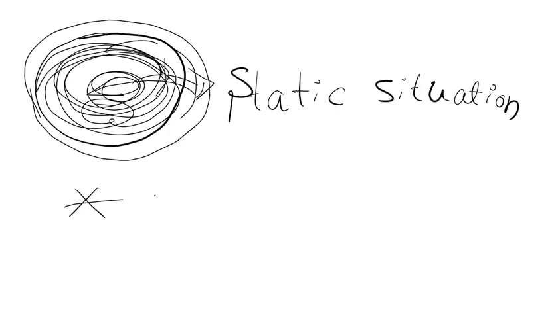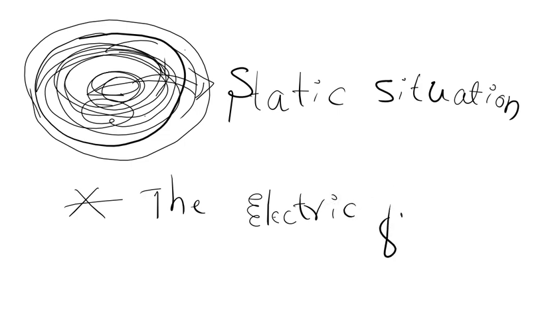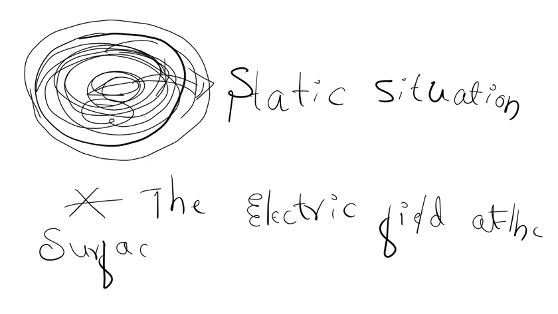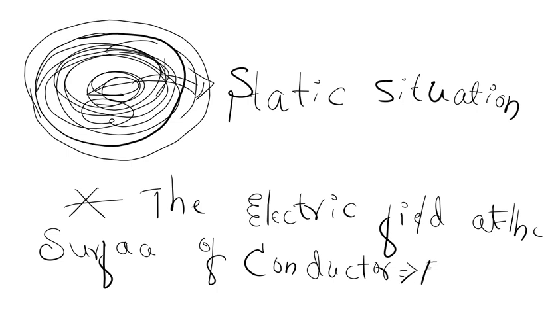The electric field at the surface of a conductor can be written as E bar is equal to sigma by epsilon naught into n cap.